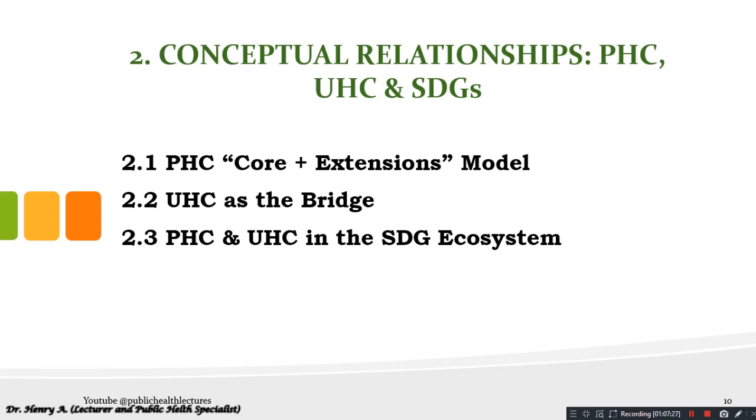I told you, the UHC target 3.8 is the core, health for everyone. And we want to see how both of them fit into the SDGs. Now, the main health goal, like I've said before, is the SDG 3.